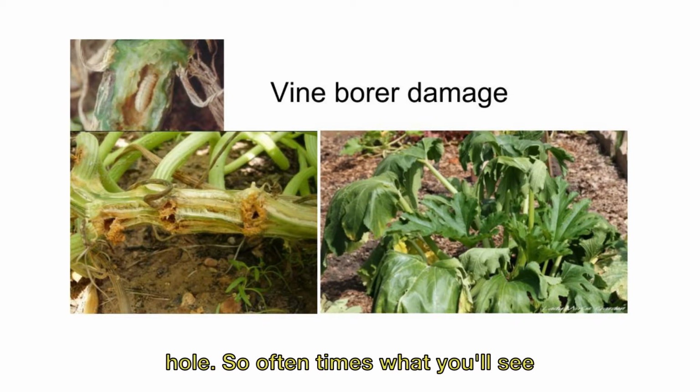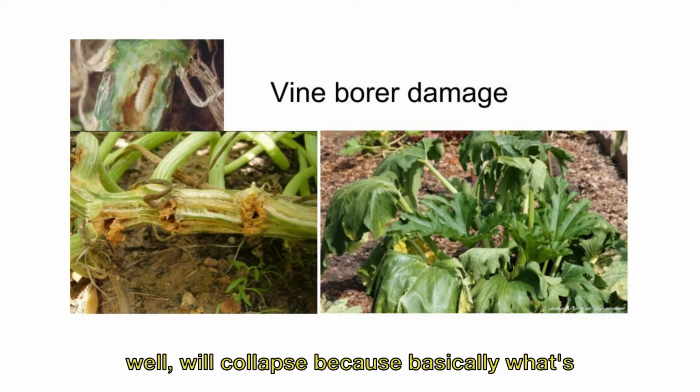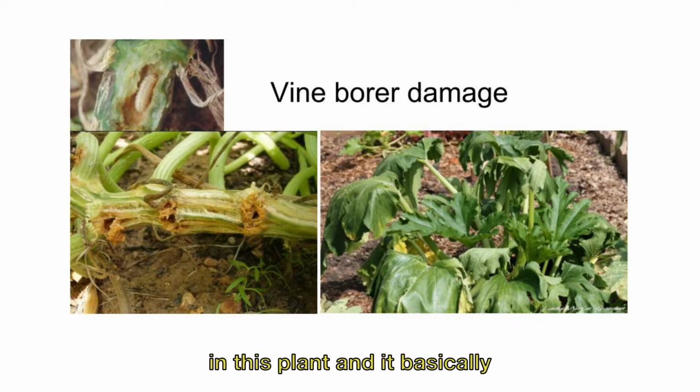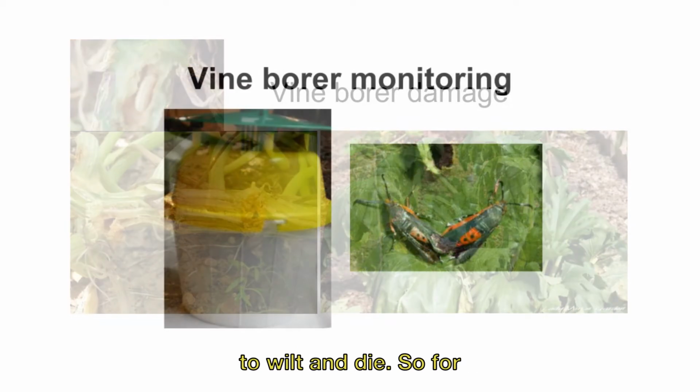So oftentimes what you'll see is either a round or jagged hole with this brownish-yellow, gunky stuff getting pushed out. And the plant will collapse, because basically this little caterpillar is feeding on all the vascular tissue in the plant, and it destroys the xylem and the phloem, and the plant can't transfer water or nutrients anymore, so it begins to wilt and die.